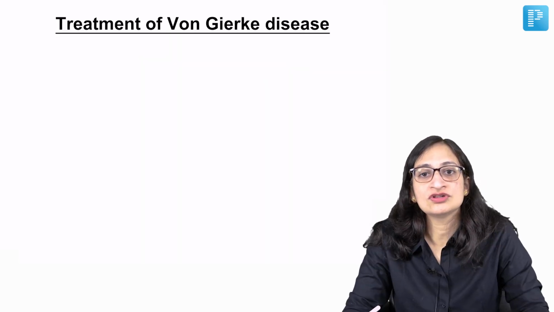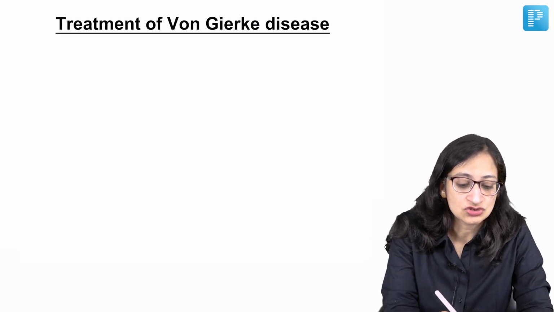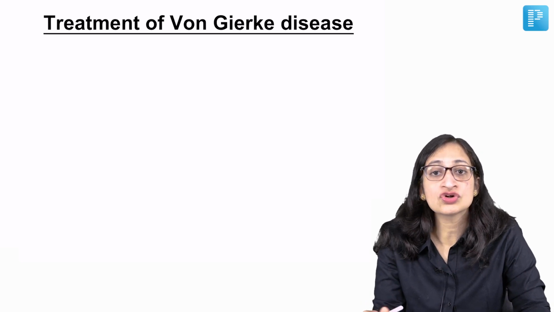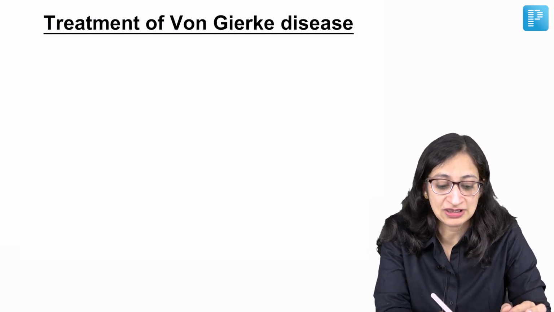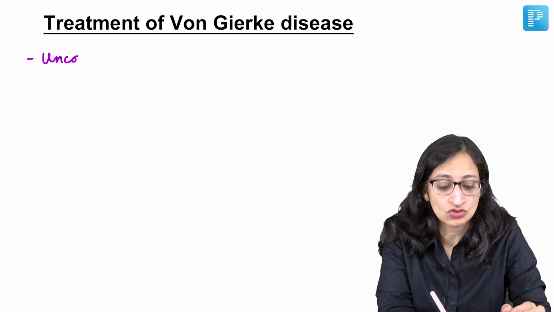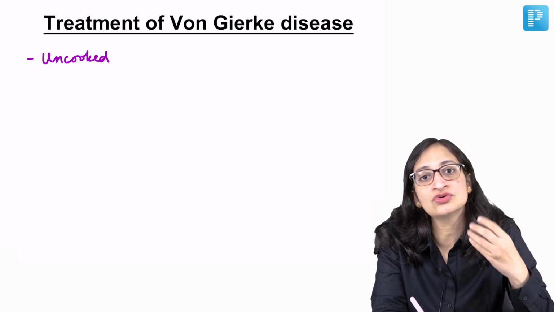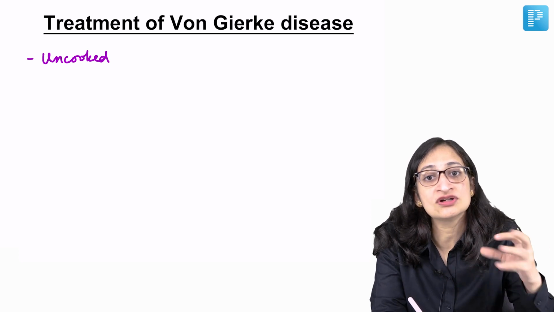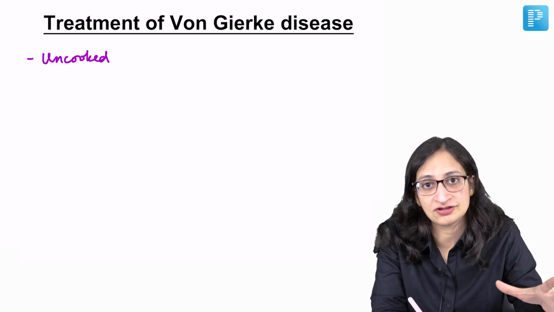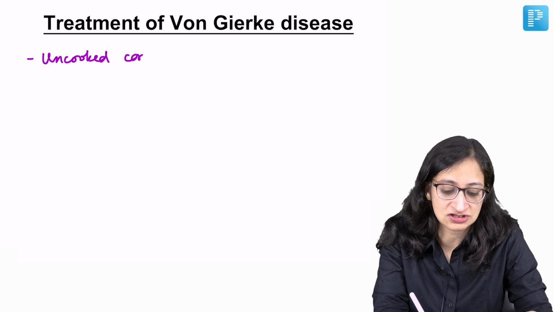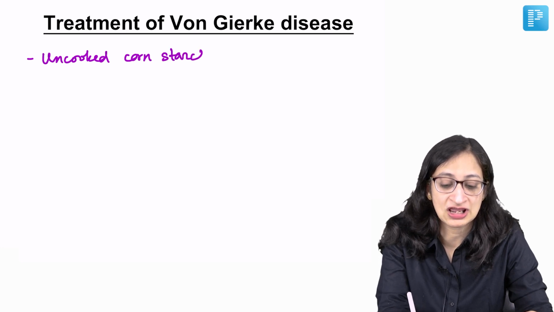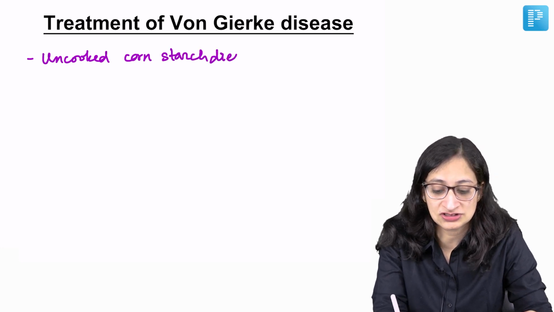So moving on to the treatment of von Gierke's disease. Uncooked cornstarch diet is the mainstay of treatment. So the corn flour that is available is a source of continuous or delayed release of carbohydrate. So uncooked cornstarch diet is the mainstay of dietary therapy for these children.